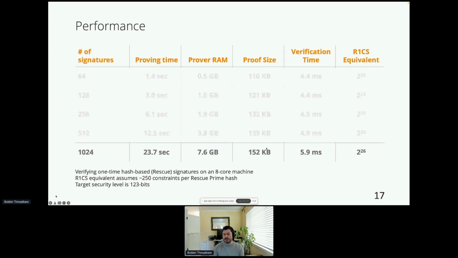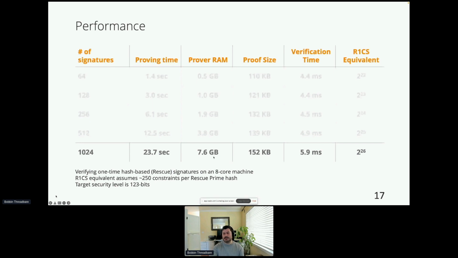This is for a 123-bit security level. So if you wanted to get a higher security level, you would either expend more time or potentially have a larger proof. And then, as I mentioned, one of the performance-related downsides of STARKs is that you do need to have a large amount of RAM available.